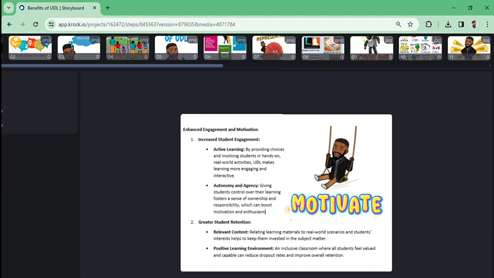So UDL makes learning more engaging and interactive. As it relates to boosting students' retention, it is important that the concept is related to a real world scenario, and students' interest will help to keep them invested in the subject matter. And UDL is all about ensuring that we have a positive learning environment and inclusivity in the classroom.